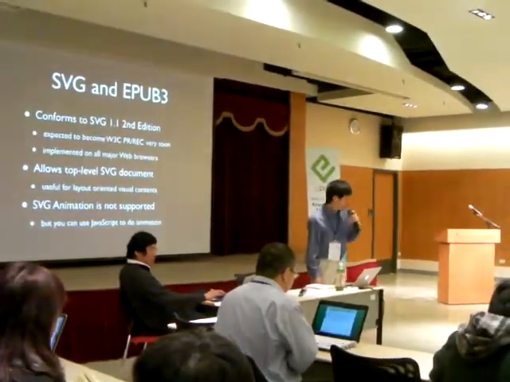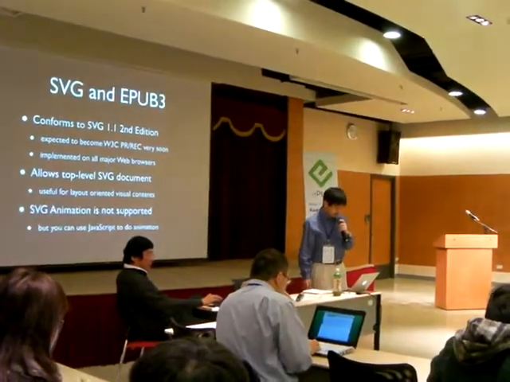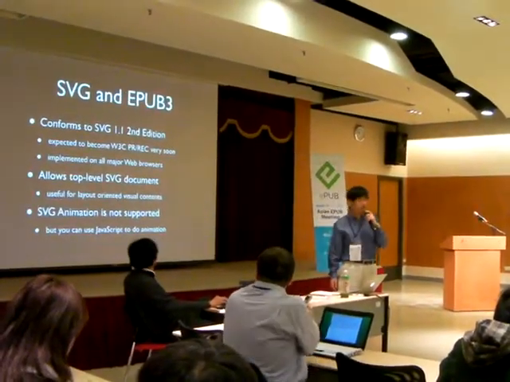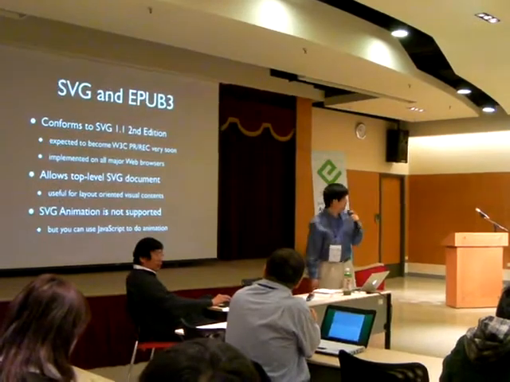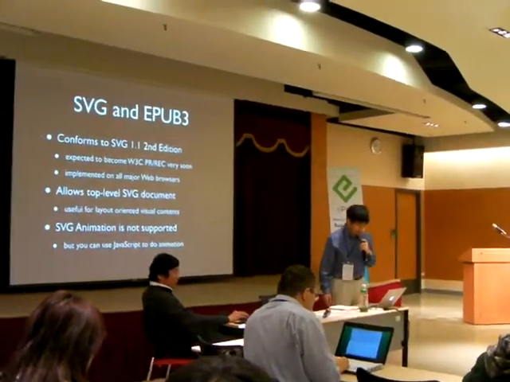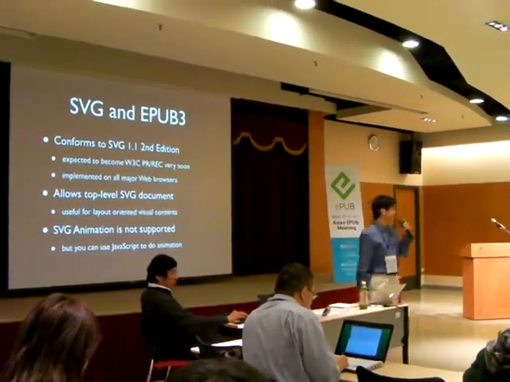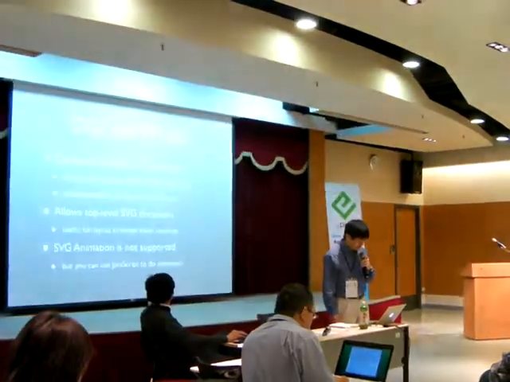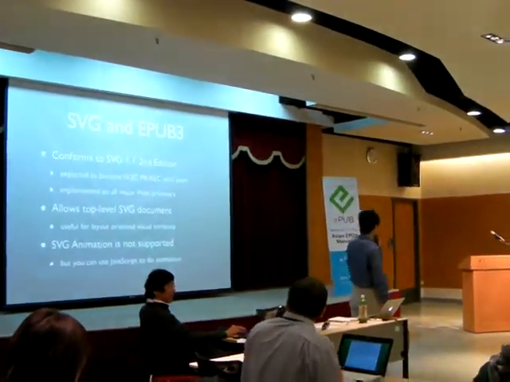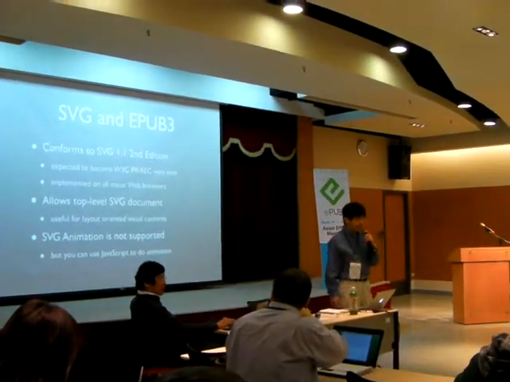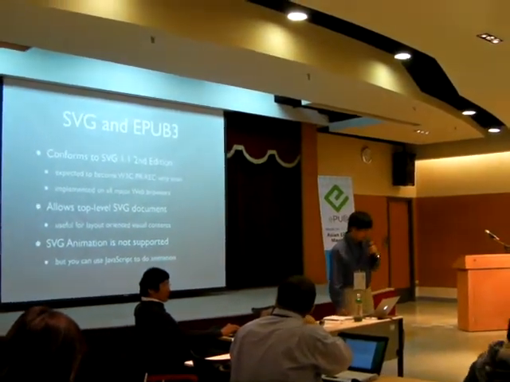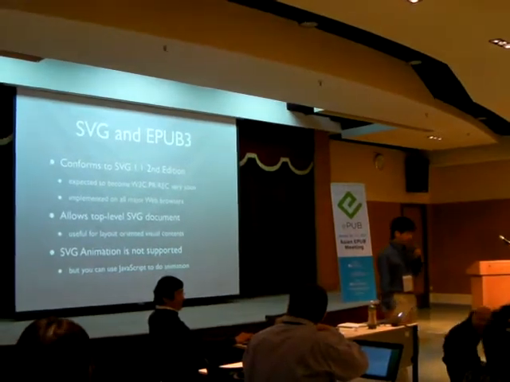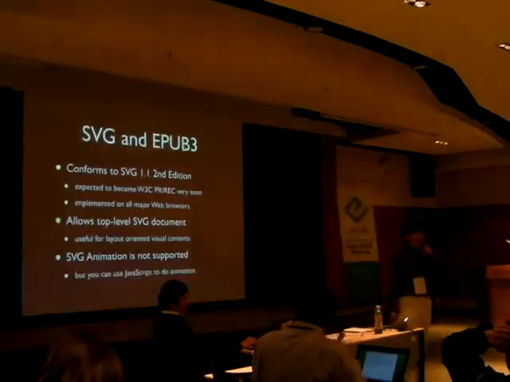Currently, the EPUB 3 draft conforms to the SVG 1.1 specification, more specifically the second edition of 1.1. The second edition of SVG 1.1 is not a W3C recommendation yet.